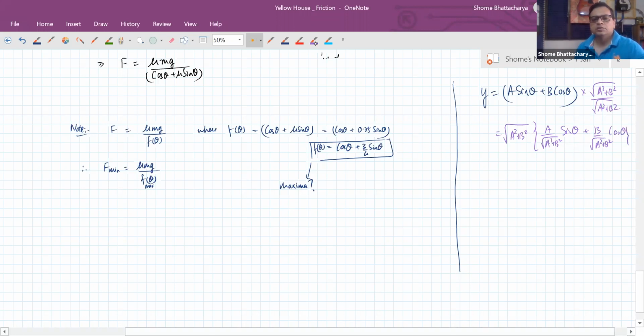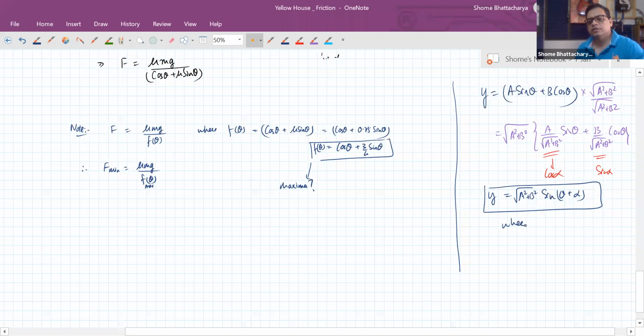Okay. Then you take this to be cos of some angle, let's say alpha. So this becomes sine of the same angle. So this becomes root of a square plus b square sine theta plus alpha, where alpha is equal to tan inverse of b by a.